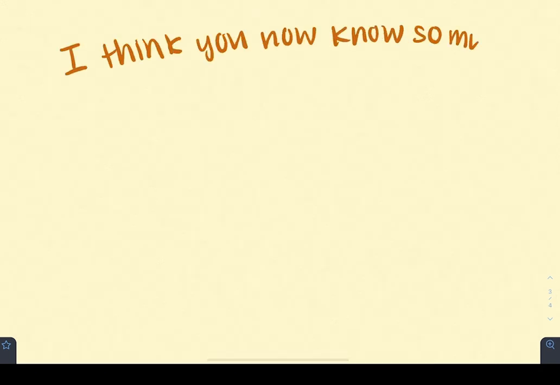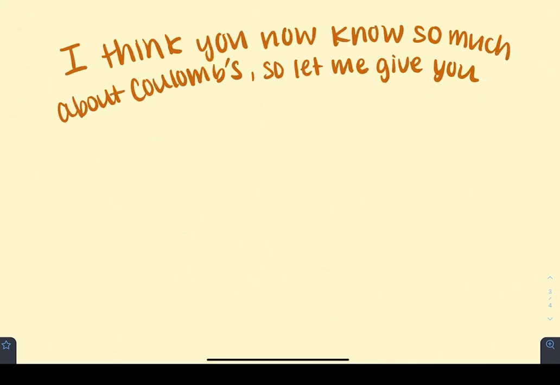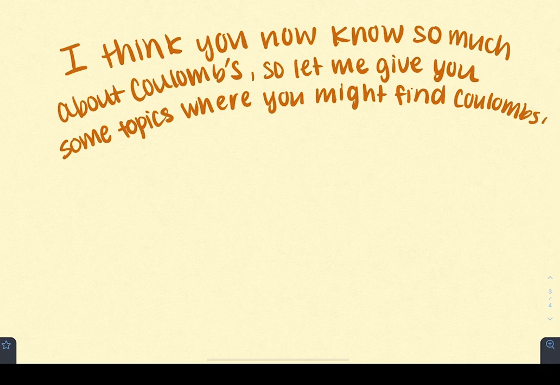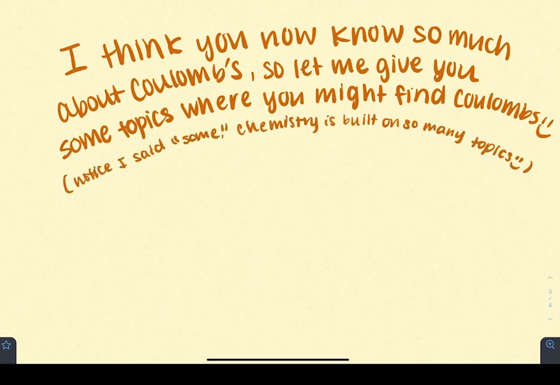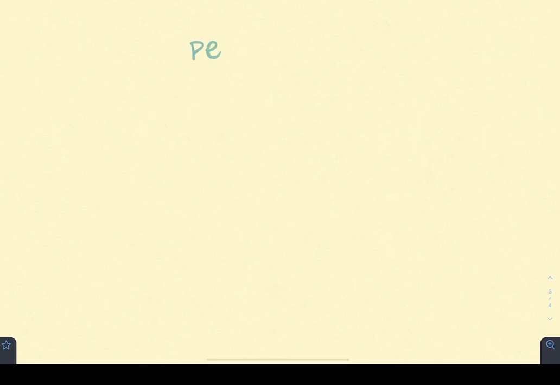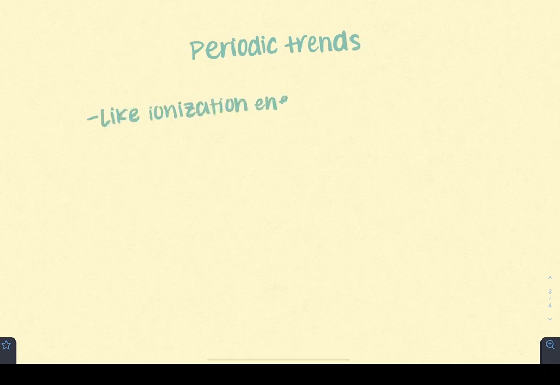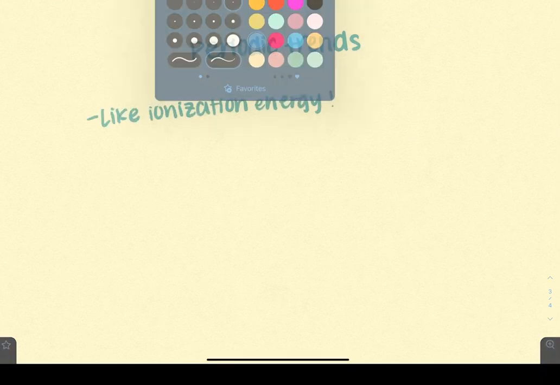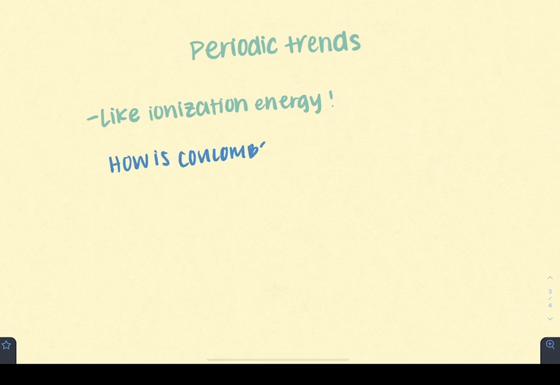And now that I've given you an overview about Coulomb's, let me give you some topics where you might find Coulomb's. And remember that in chemistry, the topics are all built off of each other, so I'll just offer you some examples. The first one is periodic trends, and commonly you'll find questions asking you, how does Coulomb's law affect this periodic trend, like ionization energy? So how is Coulomb's even related to ionization energy?